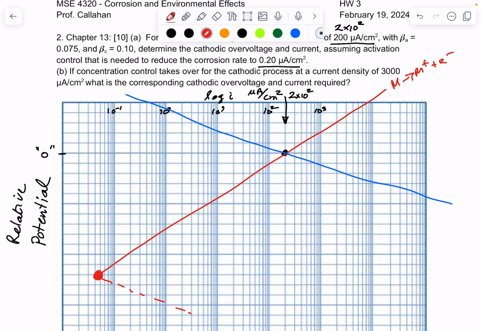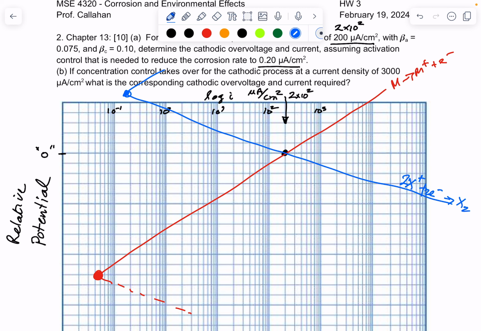And similarly, the reduction reaction would have an exchange current density. I don't know what it is reacting with electrons to make, say X plus an electron to make X2. We don't know what the reduction reaction is, so I'm making stuff up here.